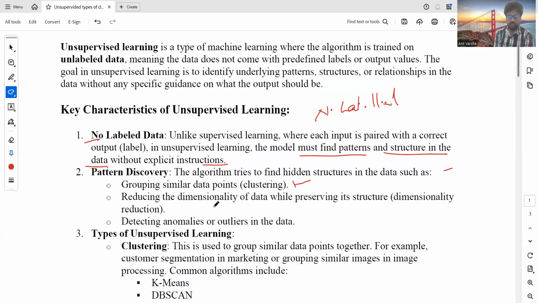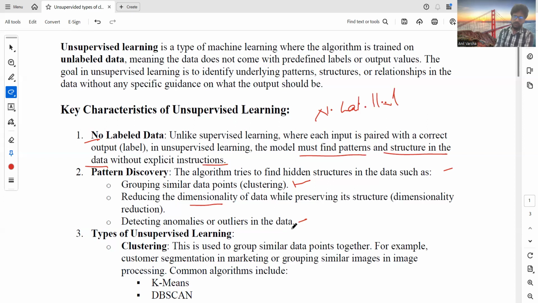And reducing the dimensionality of the data. Of course, dimensionality reduction is a key aspect of both supervised and unsupervised learning, in which we remove some unnecessary data. Then, detecting anomalies or outliers within the data.